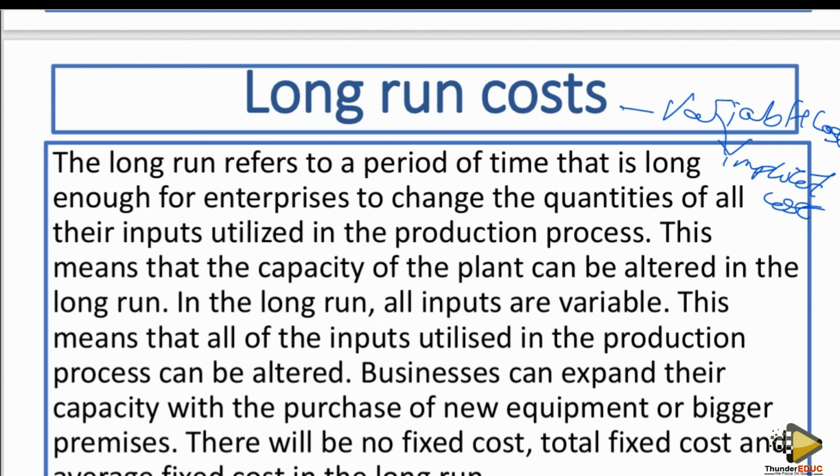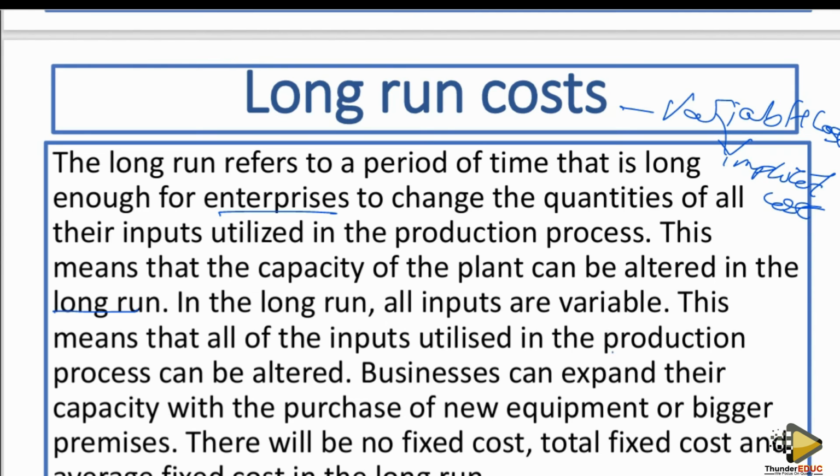The long run refers to a period of time that is long enough for enterprises, that is businesses, to change the quantities of all their inputs utilized in the production process. This means that the capacity of the plant can be altered in the long run. Remember I did explain this. In the long run all inputs are variable, so all of the inputs utilized in the production process can be altered.